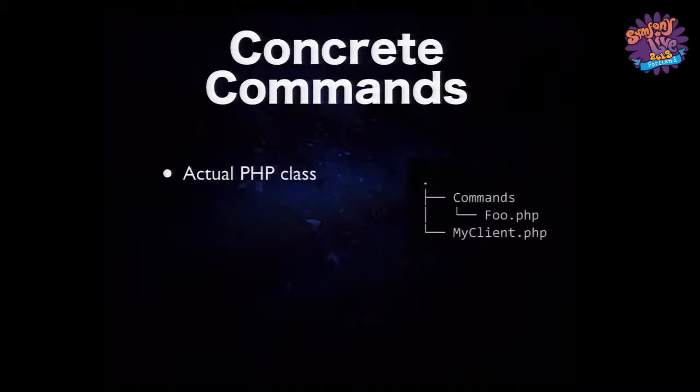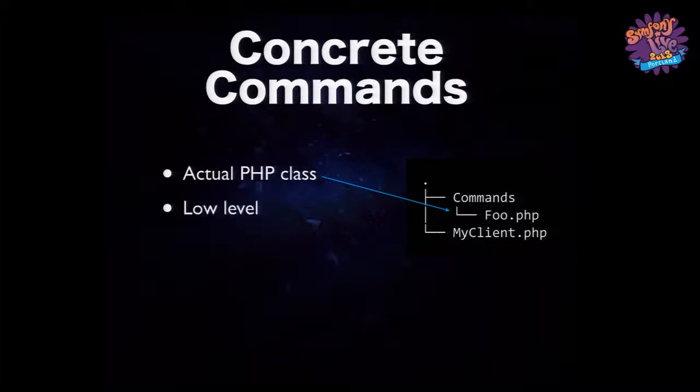There are two different commands you can create in Guzzle. There's concrete commands, which is basically an actual PHP class. This is going to be a class that extends from the abstract command object in Guzzle. So here's an example of where a concrete command would be. If you're making myclient.php, you would have a commands folder, and each concrete command you add would be under there, and it would extend from that class.